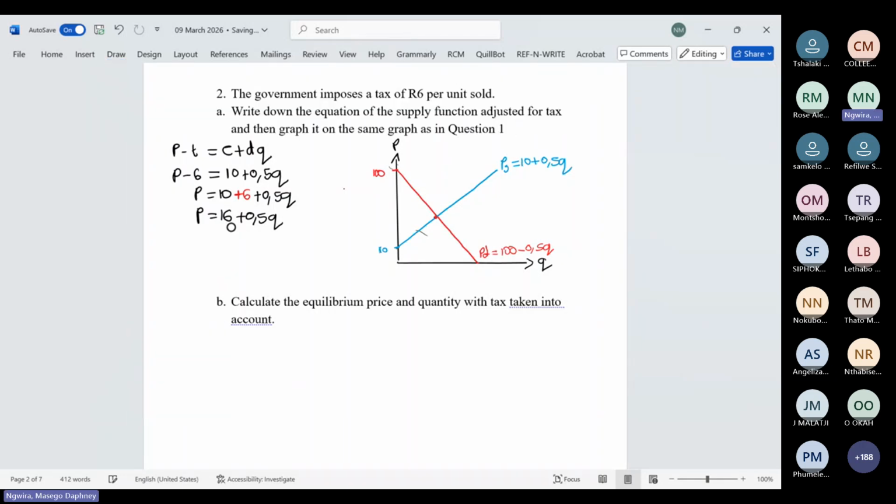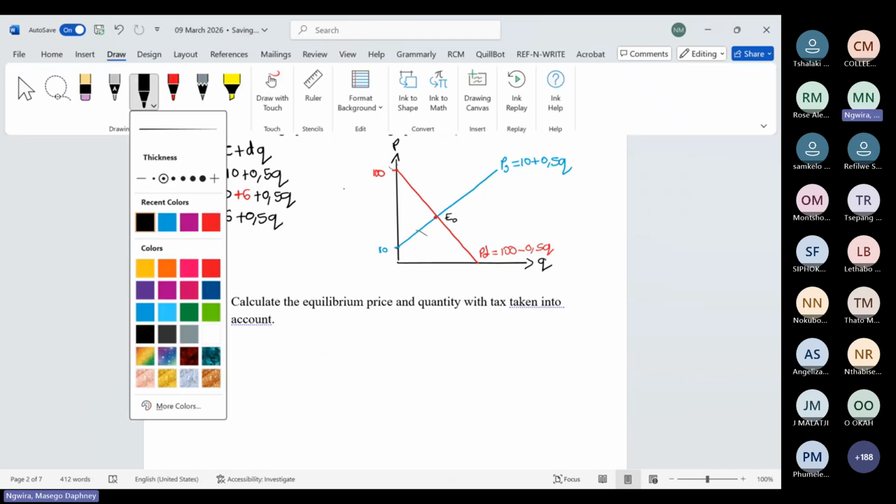And then now we want to introduce the supply function adjusted for tax. So with this one, this is our equation. Let me see which color I can use.